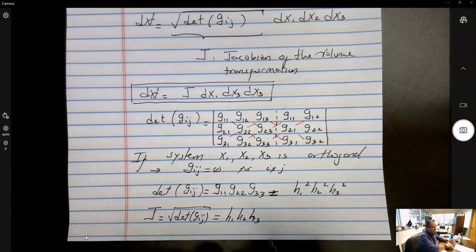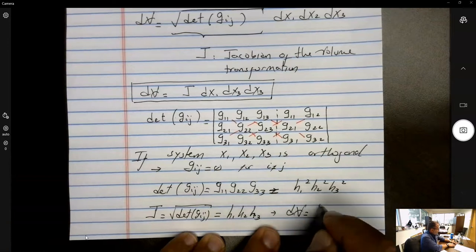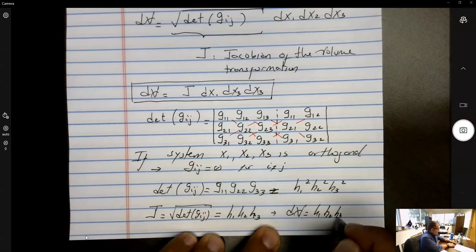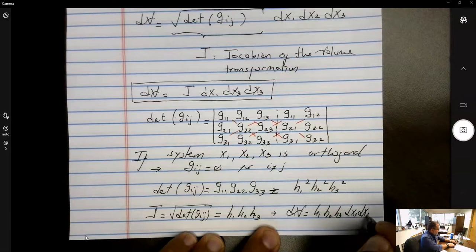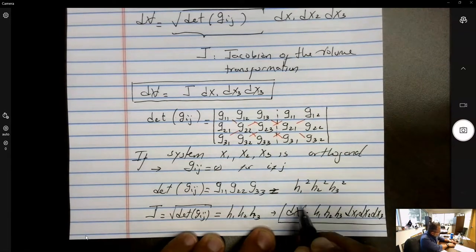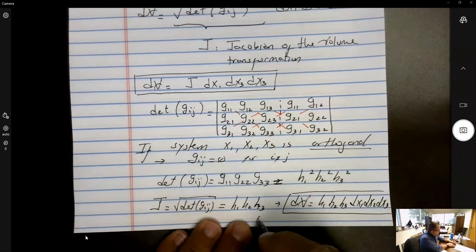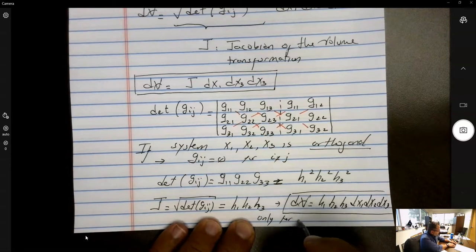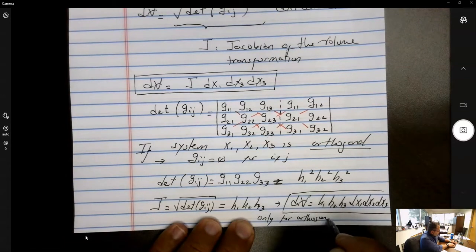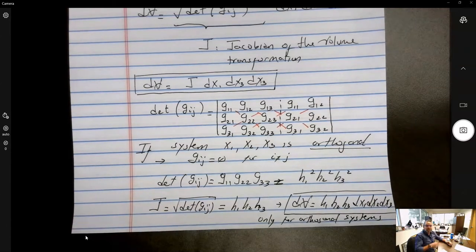So the differential of volume will be h1, h2, h3, dx1, dx2, dx3. And that's only true when the system is orthogonal. Only for orthogonal systems. We just use the scale factors of the metric tensor and the transformation.